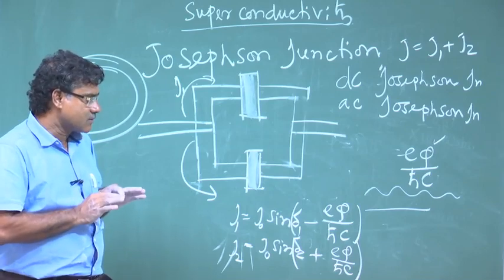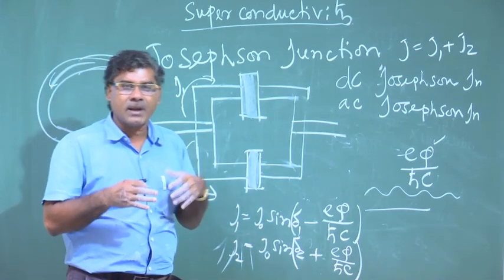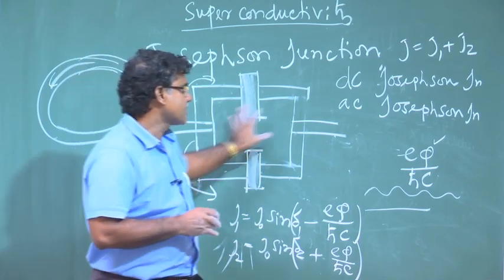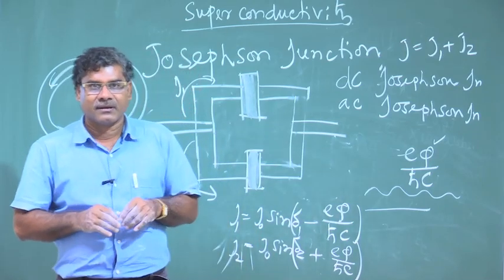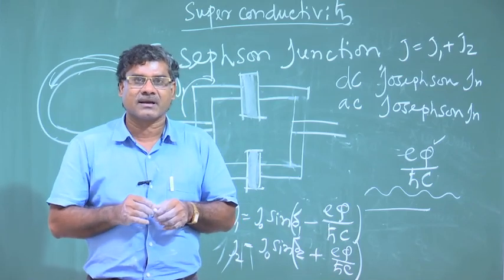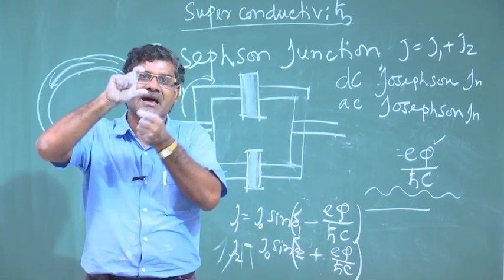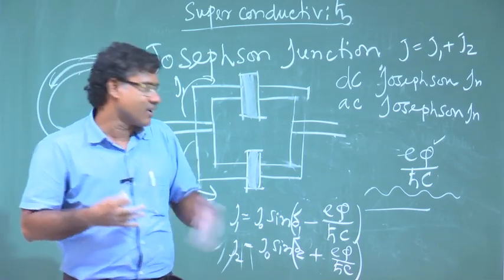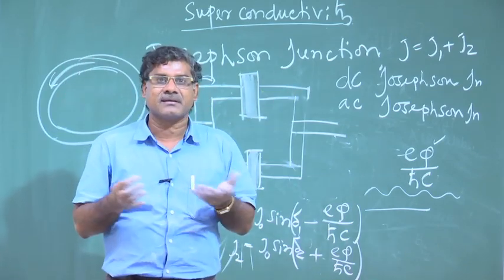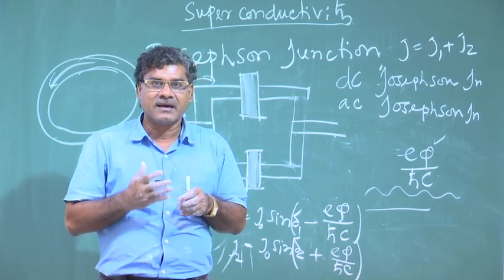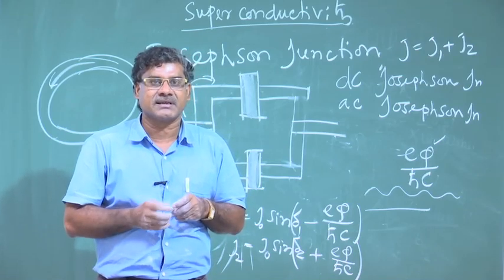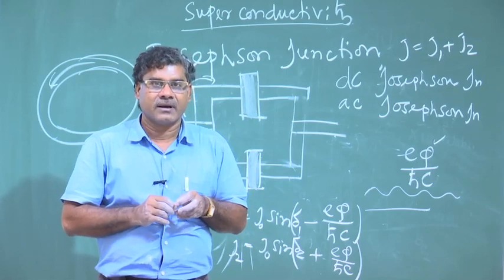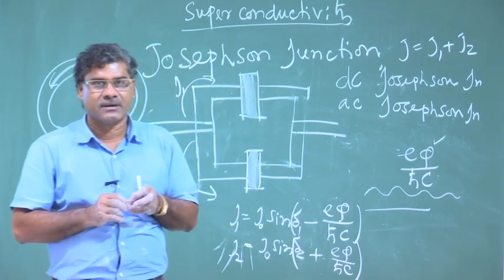I tried to tell you qualitatively, without using any expressions or the theory, to understand superconductivity. Superconductivity has a gap, Cooper pairs. Everything I discussed is derived from the theory called BCS theory, Bardeen, Cooper and Schrieffer.